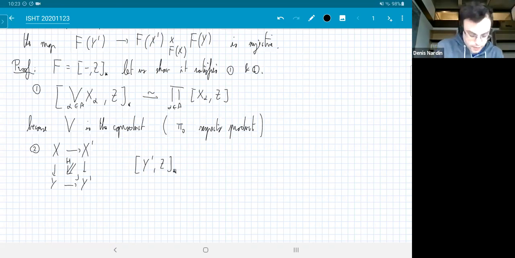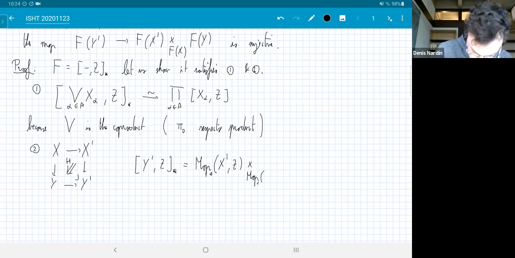Well, we saw what a homotopy pushout is, so it's essentially homotopy classes of maps X prime into Z, maps X into Z. Sorry, actually, let me do one more step.